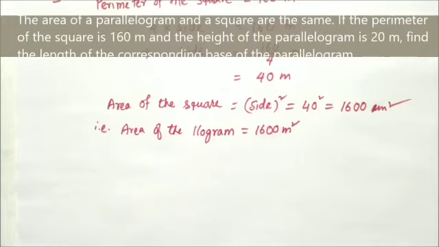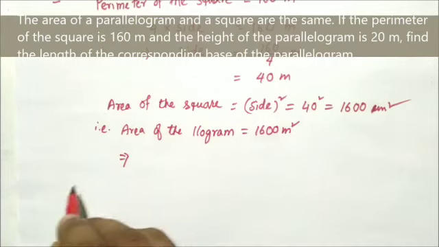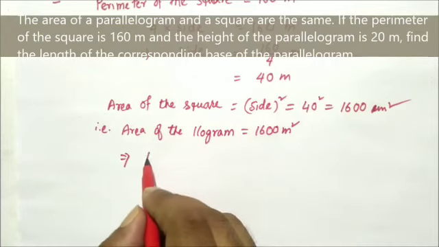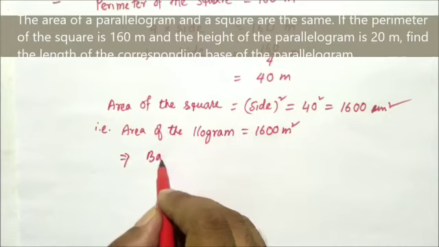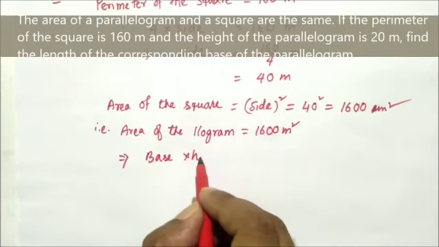Now the height of the parallelogram is given as 20 meter. We know that the formula for the area of a parallelogram is base into height.